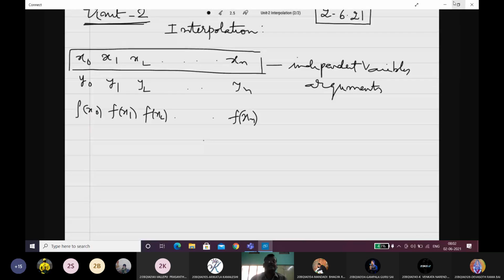By giving the values x1, x2, x3 for any function y is equal to f of x, we will find the values y0, y1, y2, yn. These are known as dependent variables, or simply entries.